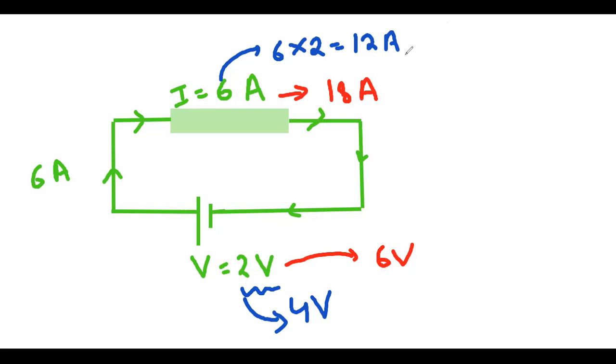Let us suppose we halved the voltage. Initial voltage was 2 volts. Now I have halved this voltage, that means 1 volt. Then the electric current would also be halved. That means the current flowing in the circuit becomes half of its initial value.